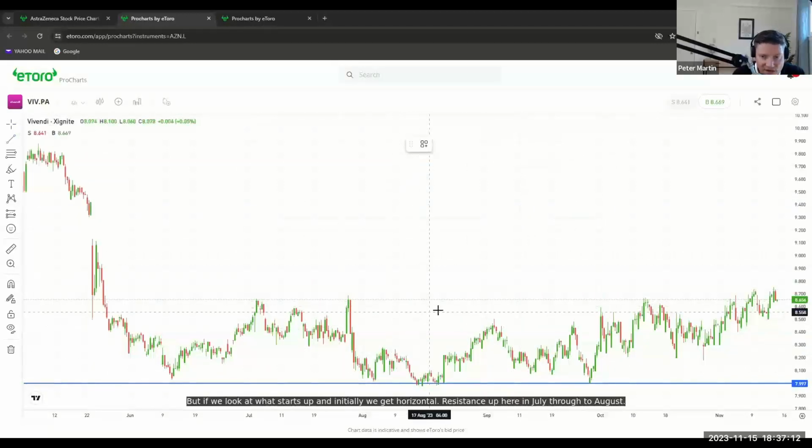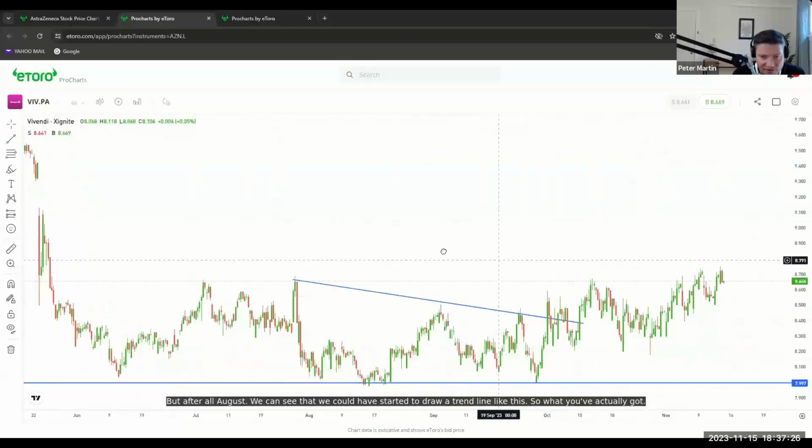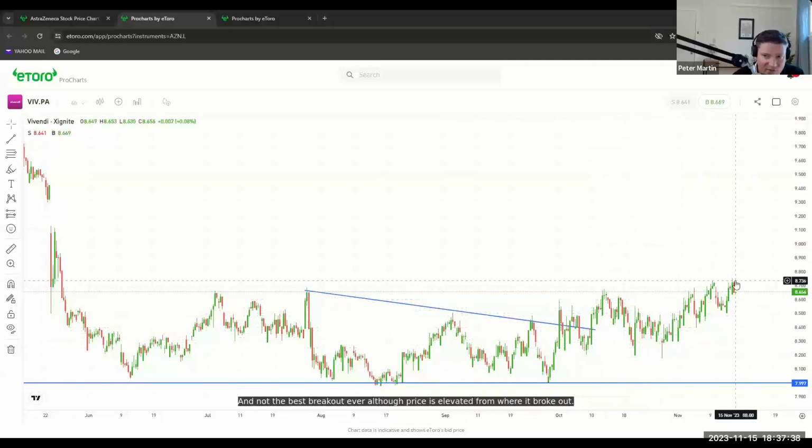But initially we get horizontal resistance up here in July through to August. After August, we could start to draw a trend line like this. So what you've actually got is a descending triangle, and then price broke above that resistance line, and that would be your breakout signal. Not the best breakout ever, although price is elevated from where it broke out.